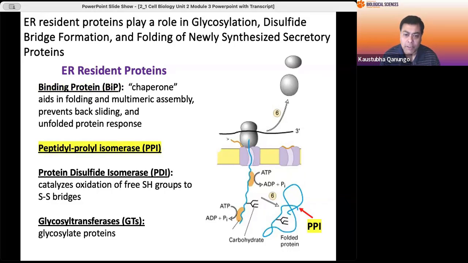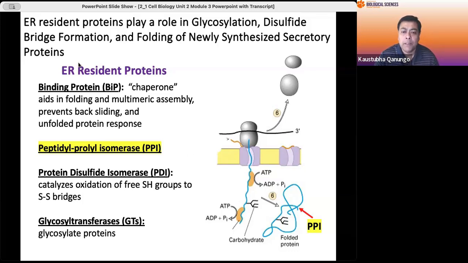They do different functions, and they are soluble proteins, and they have a retention signal. We're going to talk about that a little bit later, but they are all proteins that stay in the endoplasmic reticulum. So from here, you can see for each one of them, we really do not go into the detail of the mechanism, but just for each one of them, know what their function is.